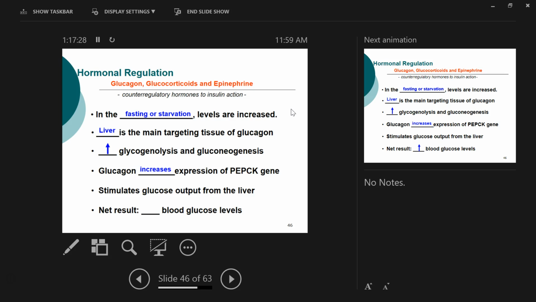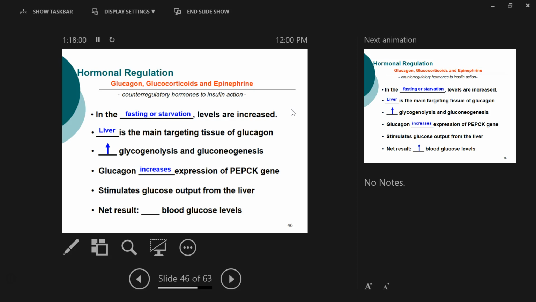Anybody? We just talked about it, right? Yes, glycogen breakdown, right? And gluconeogenesis, right? So glucagon does two things. One is to stimulate glycogen breakdown, and the other is to stimulate gluconeogenesis, and to allow the liver to produce a lot of glucose and release it into the circulation.